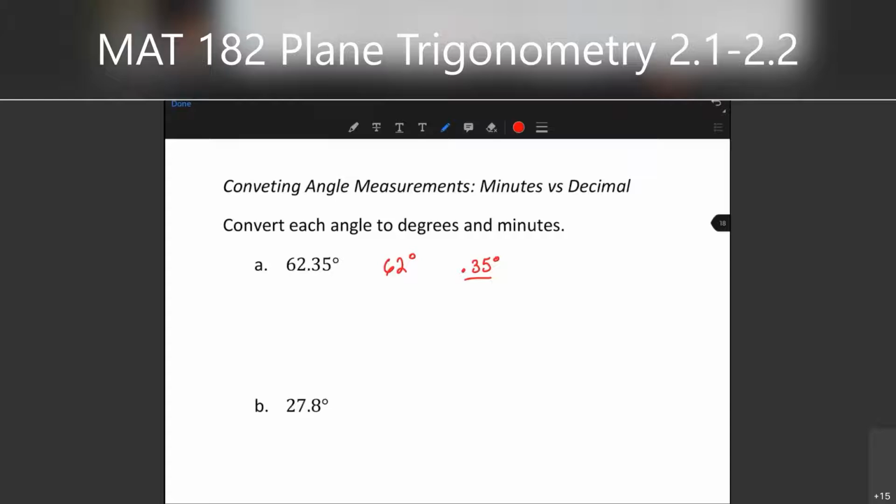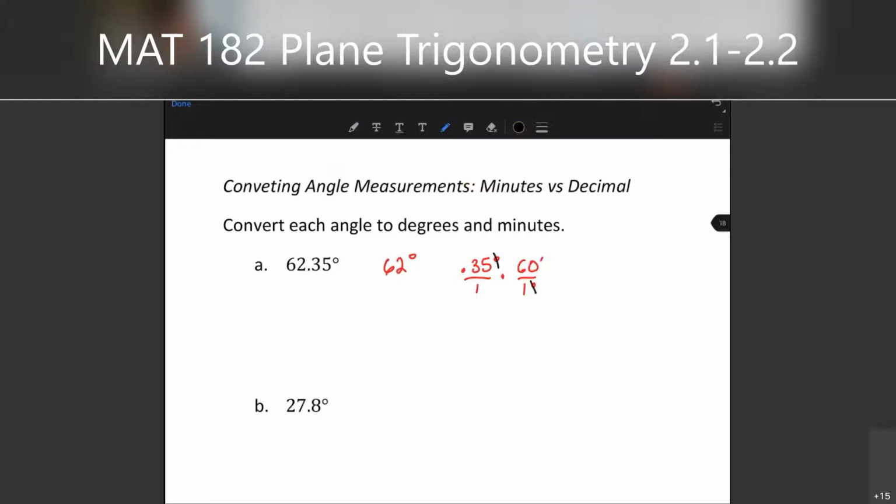I know that when I convert this 0.35 degrees, 1 degree is equal to 60 minutes. So I'll set up a ratio here to change those units from degrees to minutes. We'll notice that the degrees units will cancel with that ratio.